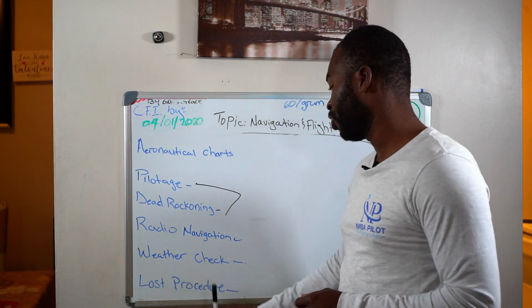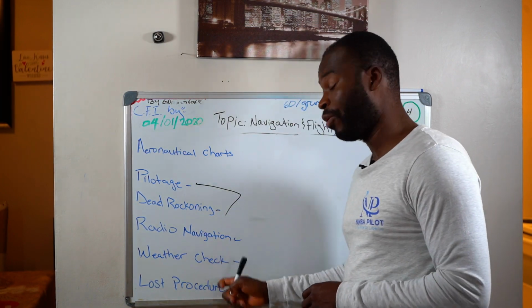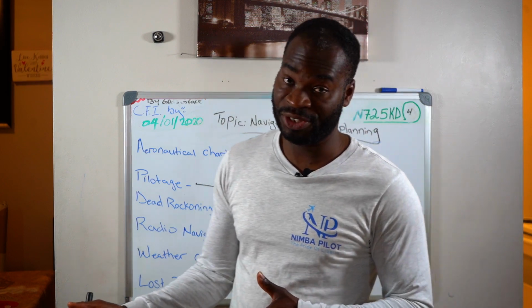Weather check. We do this without knowing that this is part of the regulation. 91.103 says that we as pilots need to familiarize ourselves with the weather information pertaining to our destination.